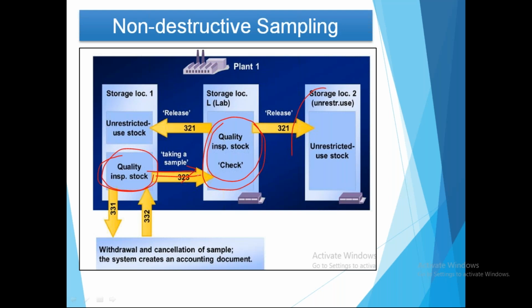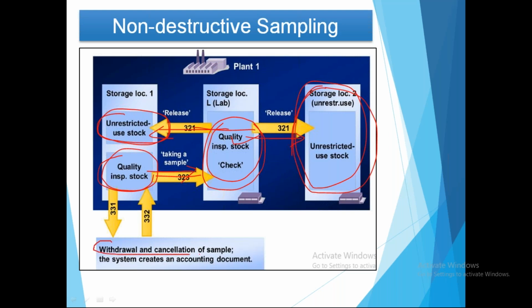This is the 323 movement. Take the sample, and once the quality inspection is done, you move it back to the unrestricted use after release. The remaining stock you move to another storage location, and then you move it back.